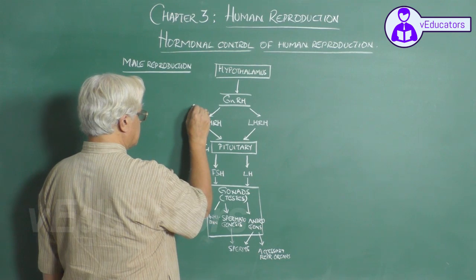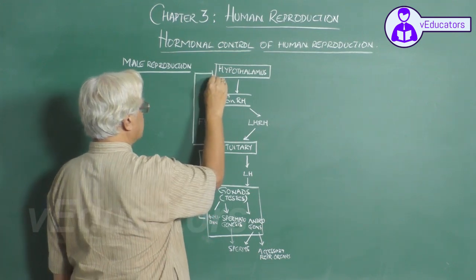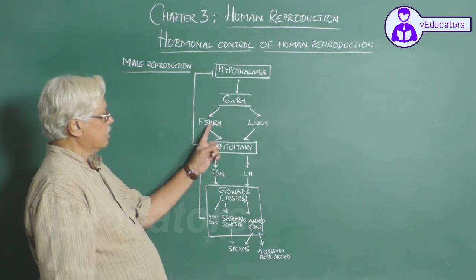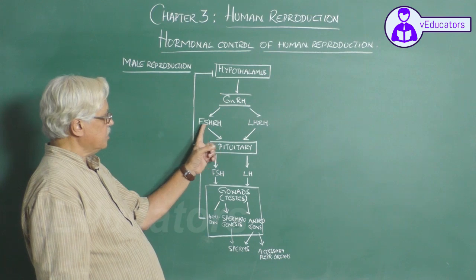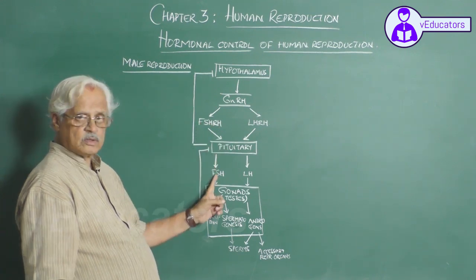In response to this, the pituitary has a negative feedback on the hypothalamus to bring about variation in the concentration of FSH-RH so that it can influence FSH.